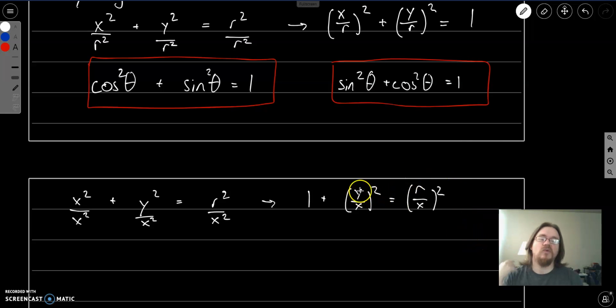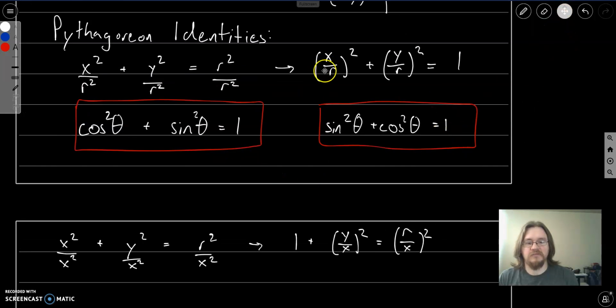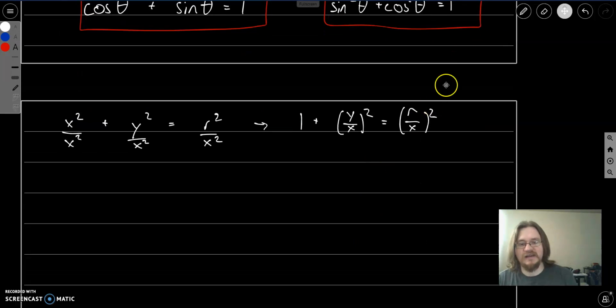Okay, so now we need to know what is y divided by x and r divided by x. Well, x divided by r, that's cosine. So we've taken the reciprocal, and the reciprocal of cosine is secant. So this right here is going to be the secant, and again, it's squared.